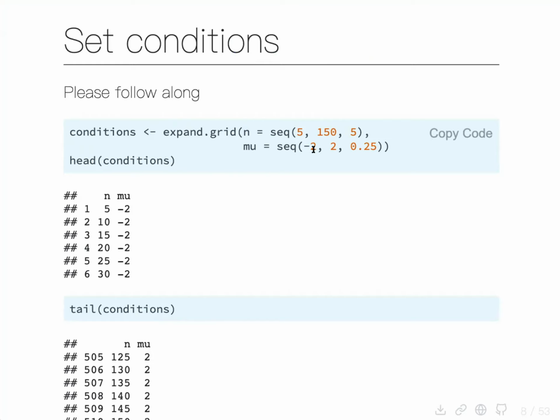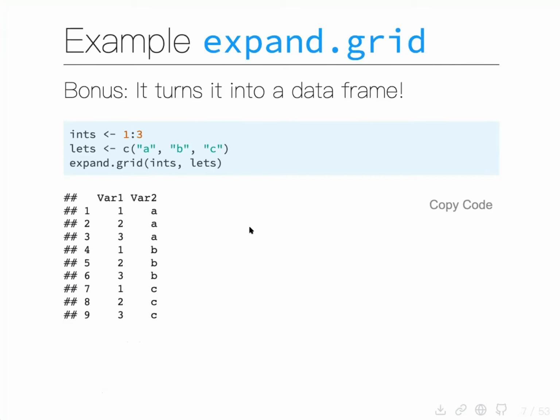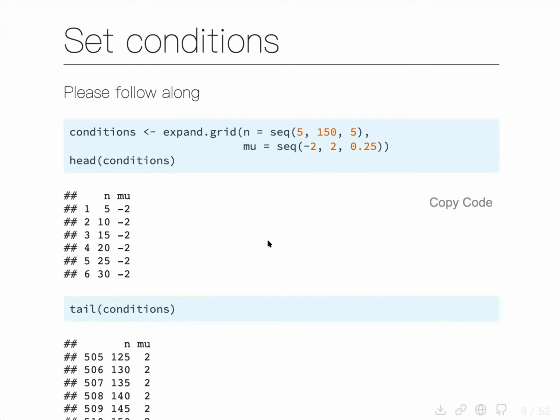Those are the conditions I had outlined on the previous slide. Notice I am naming these things in this instance, and the reason is that they end up being the column names here. Back here, I didn't actually name these things, and so I just got Var1 and Var2. But I probably want them to actually be named. While you do that, I'll be right back.